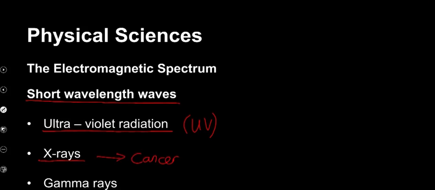The last category of short wavelength electromagnetic waves is our gamma rays. These guys have the highest frequency and the shortest wavelength and carry the largest amount of energy, and this can make them quite dangerous.